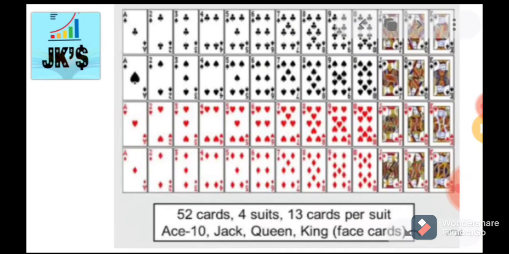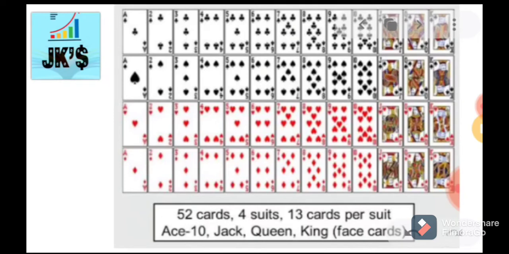Now, another well-known and favorite example, the favorite indoor game of every person, is playing cards. A pack of playing cards has four types of cards, and each type has 13 cards.